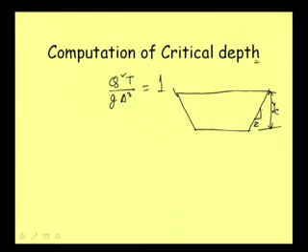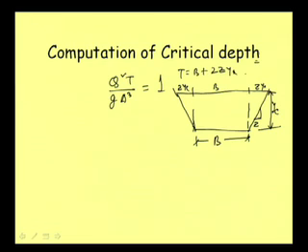When the depth is y c, this side is z y c, and the bed width being b, the top width is T equal to b plus twice z y c.